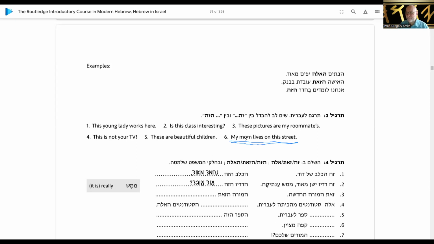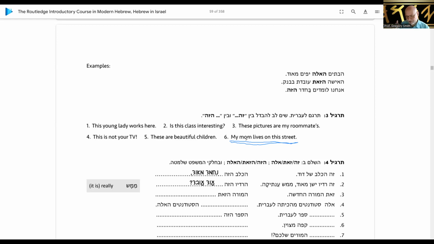Yeah, rechov. The word for street is rechov. Okay, all right, so I kind of got an idea how to do this. So how about ha'ima shali gara, let's see, lives on this street.